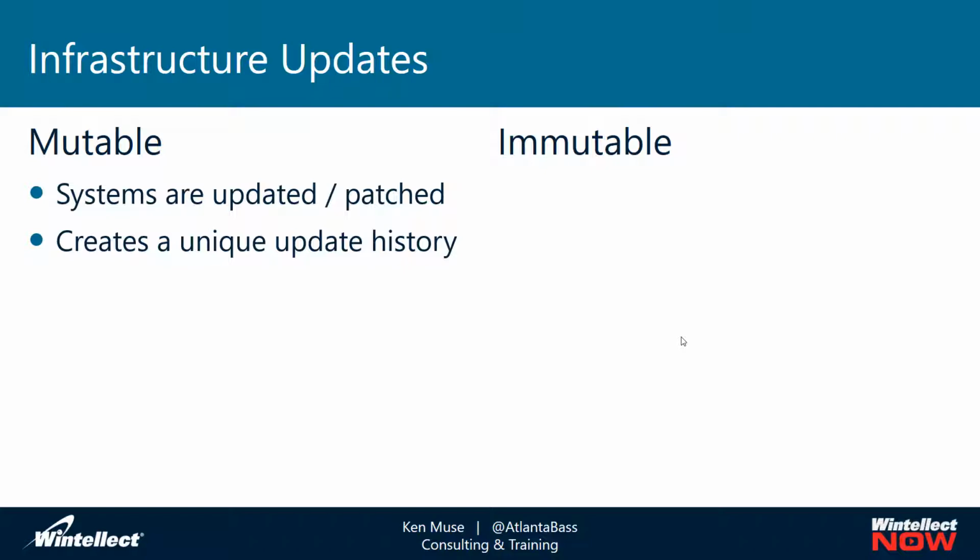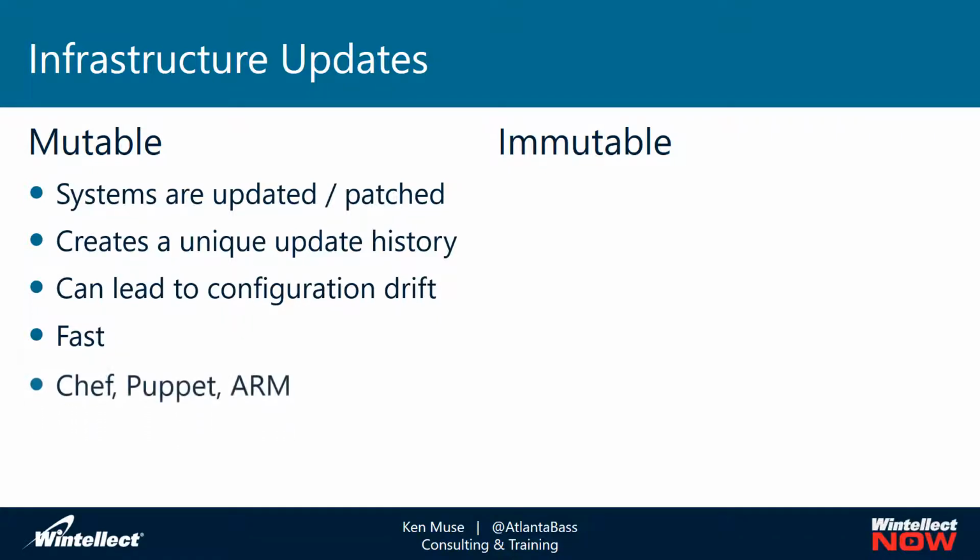Ultimately, this has the potential to lead to configuration drift. But it has the benefit of being incredibly fast because all we're doing is applying an update or a change to our current state. Systems like Chef, Puppet, Azure Resource Manager templates often rely on this approach because of its speed.